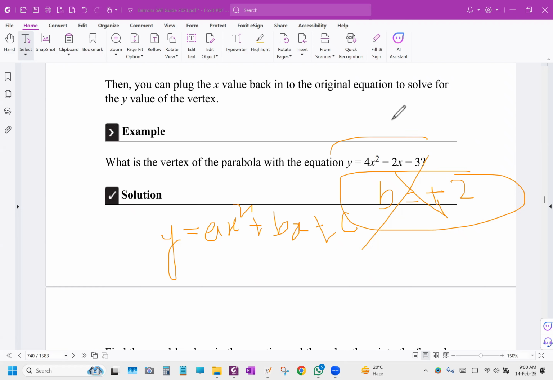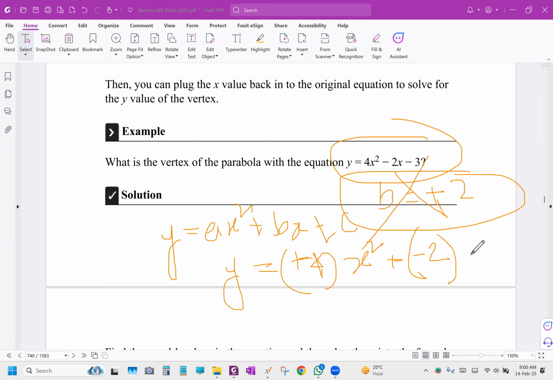So in this equation, y equals plus 4x square plus negative 2x plus negative 3. This is the value of a, this is the value of b, and this is the value of c. This is how you need to compare. This is the only way to compare.